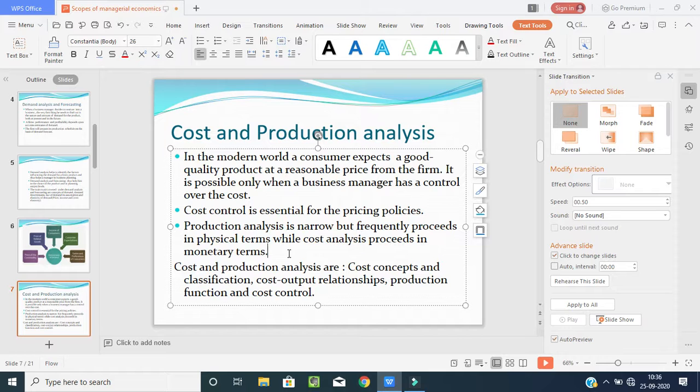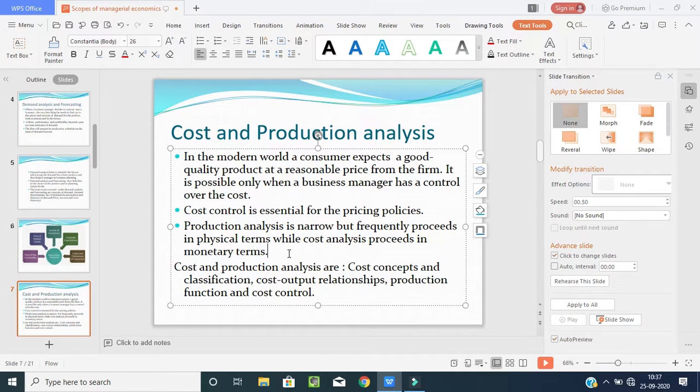Whereas an experienced laborer who has been doing this job for 20 or 25 years is very effective and will give the output at the right time. So production analysis depends totally on the physical terms of the product, like packaging, labeling, assembling, collecting, maintaining, repairing. All these things come under production analysis.